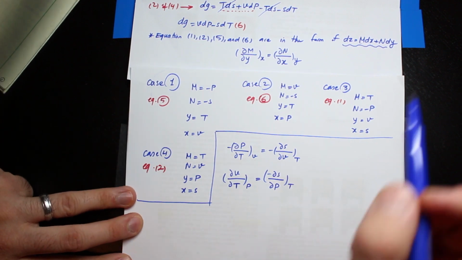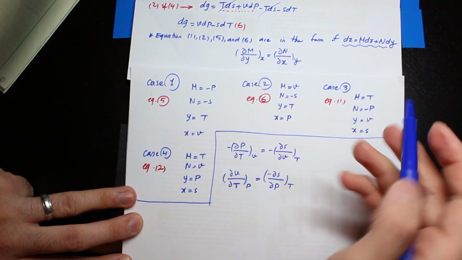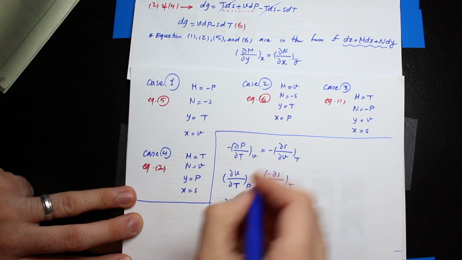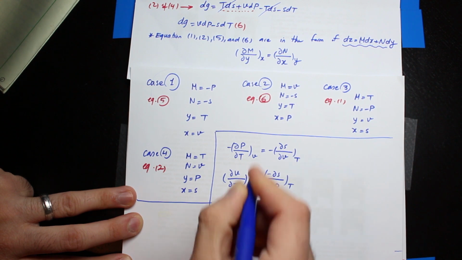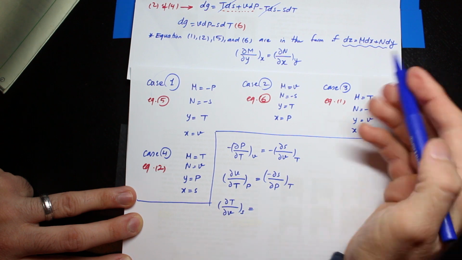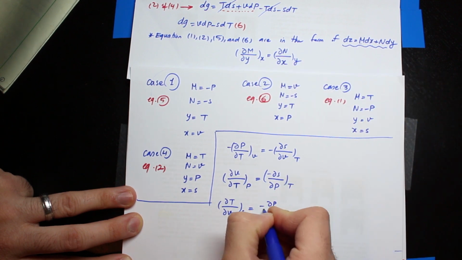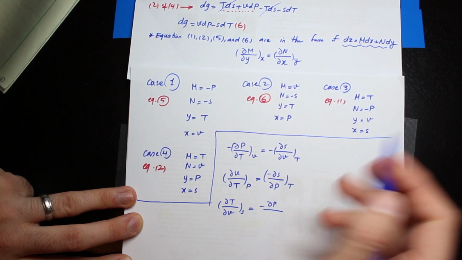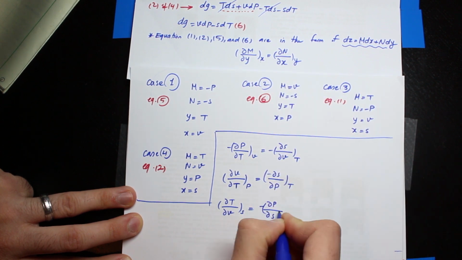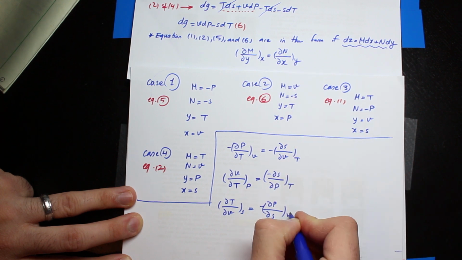Okay, so let's apply this equation into case 3. So partial n partial y is partial t partial v when x is constant, x being the entropy, is equal to partial n partial x, which is negative partial p partial x is partial s when y is constant and y being the volume.